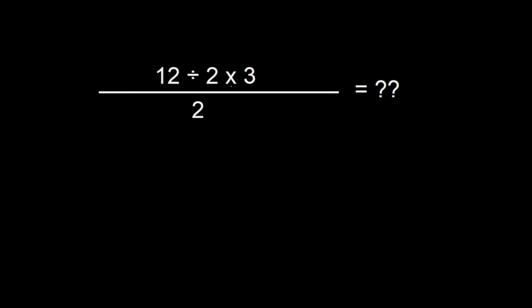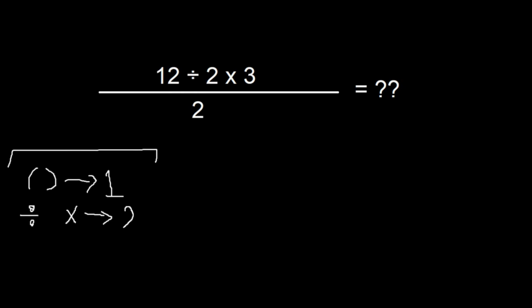a division and a multiplication. So by the rules, if in a mathematical expression you got brackets, that's the first thing you do. Then if you got division or multiplication, that is the second.